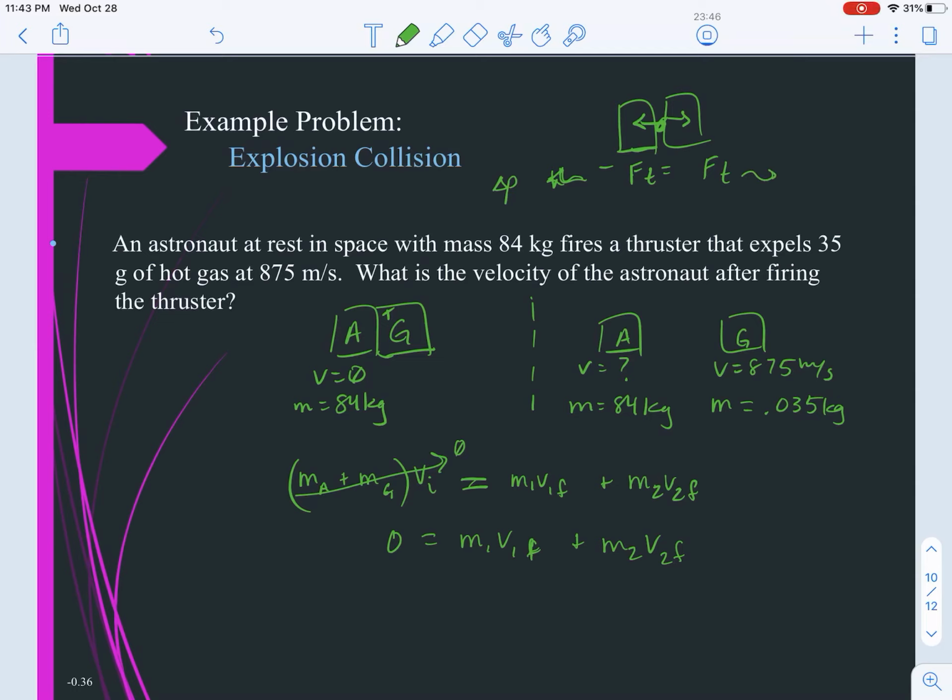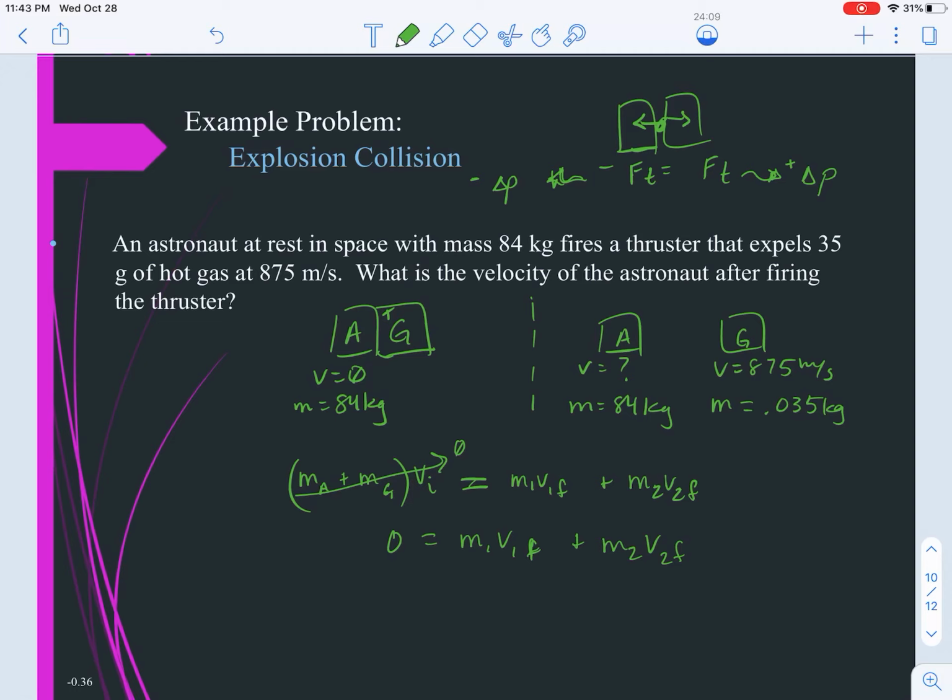So here I have a total momentum of 0, and we talked before about how this impulse is going to cause some sort of change in momentum, and this impulse is going to cause a change in momentum, and those magnitudes are going to be the same, but because momentum is a vector, one will be a positive change in momentum and the other will be a negative.